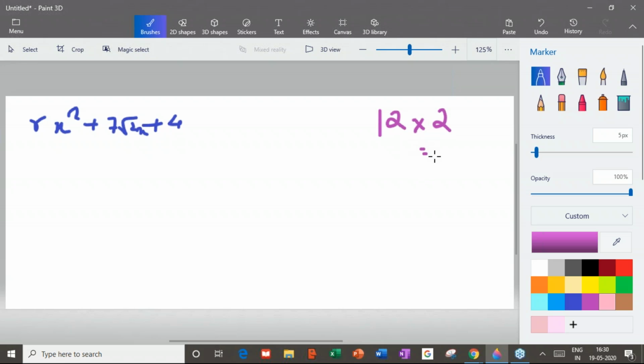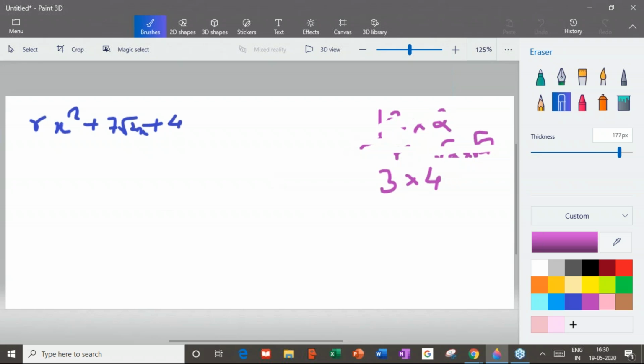So root 2 can be written as root 2 into root 2, and 12 can be split to give 7 as 12 into 2, or 3 into 4. 3 into 4 will give you 7, right?